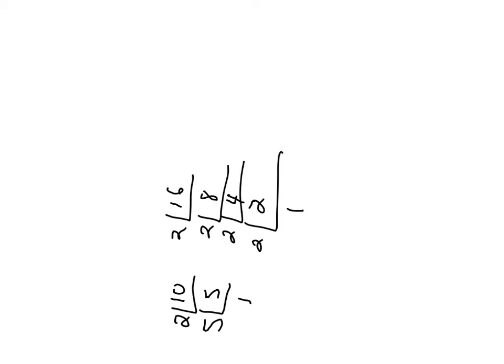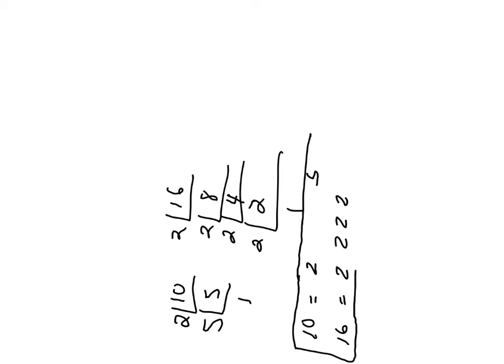So now, if I write these out, I have 10 equals 2 times 5, and I have 16 equals 2 times 2 times 2 times 2. All right. So basically, all I did was I made a box and I put the 5s together, all the 2s together, the equals together in a number.